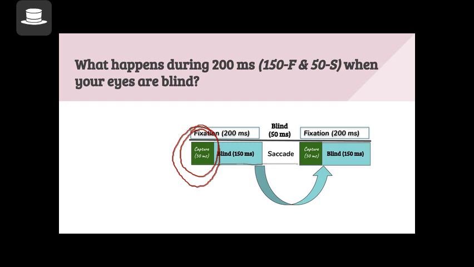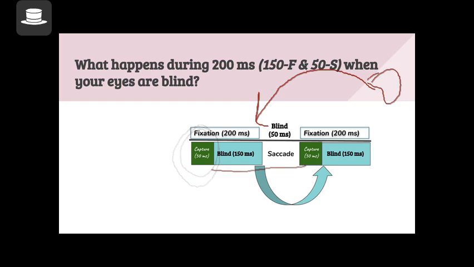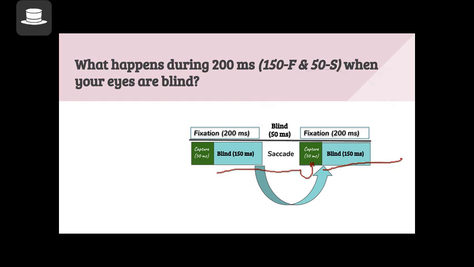For the remainder of the SF cycle, 200 milliseconds, your brain is perceiving, interpreting, making sense of what is being captured, so your brain is busy processing the captured information. Then it will capture information again. Again, the brain is busy perceiving the captured information. That's why you don't feel that delay. You don't feel that gap.